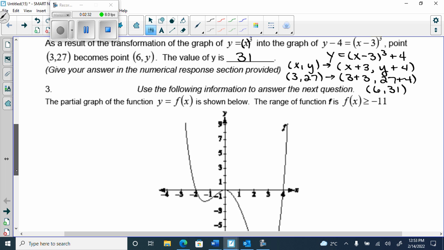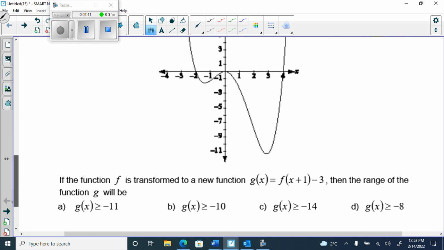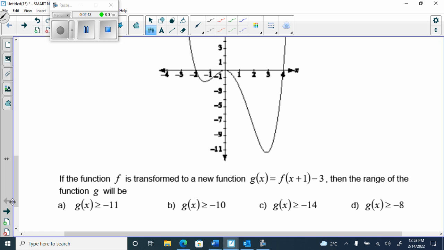Number 3 says the range of this function is greater than or equal to negative 11. We're doing this stuff to it. What is the range? Is the range x's or y's? So what's going to affect it? X's or y's? Y's. So do I care that this thing's moving one to the left?